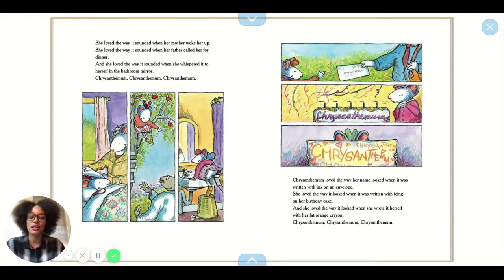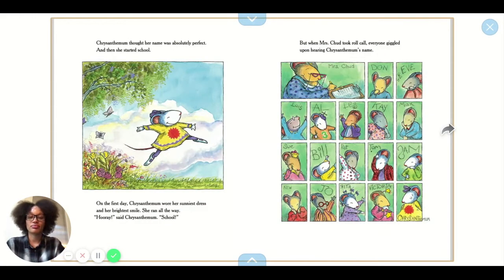She loved the way it looked when it was written with icing on her birthday cake. And she loved the way it looked when she wrote it herself with a fat orange crayon. Chrysanthemum, chrysanthemum, chrysanthemum. Chrysanthemum thought her name was absolutely perfect. And then she started school. On the first day of school, Chrysanthemum wore the sunniest dress and the brightest smile. She ran all the way. Hooray, said Chrysanthemum, school. But when Mrs. Chud took roll call, everyone giggled upon hearing Chrysanthemum's name.